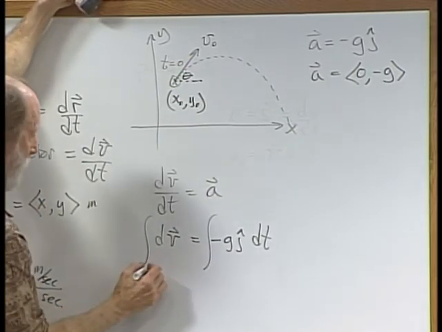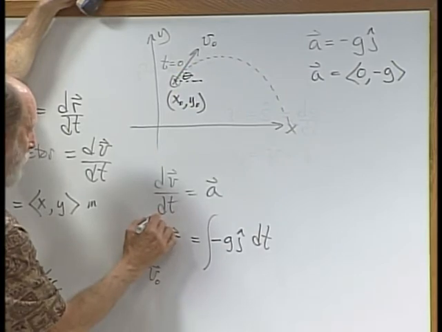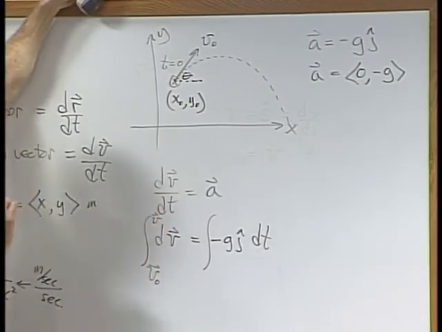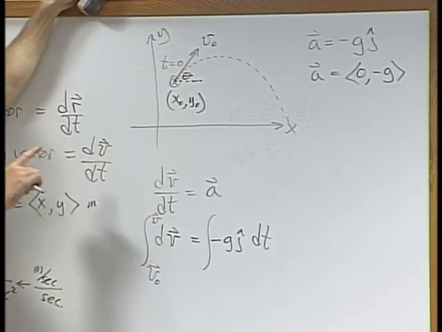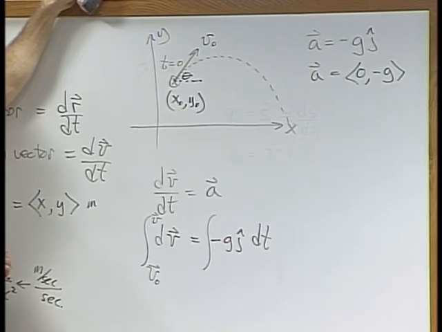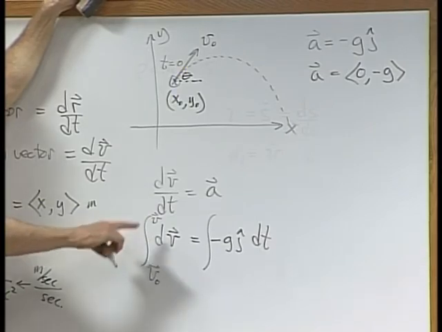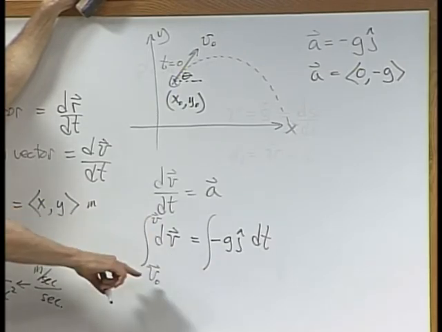So we're going to integrate this from the initial vector velocity to some generalized vector velocity. Don't forget the arrowheads. If they don't have arrowheads, what are they? They're scalar values. They're just magnitudes only. And that would just be garbage if you didn't have the vector symbolism there.